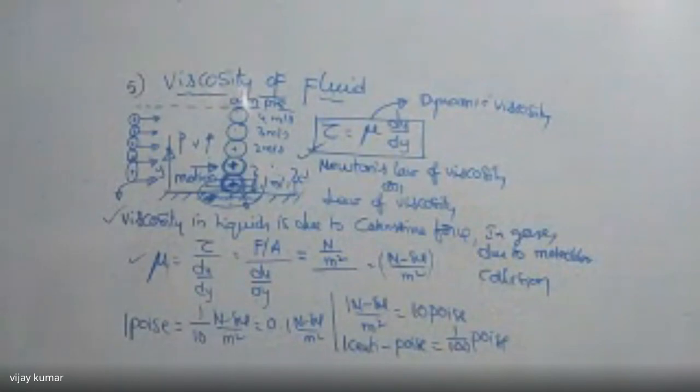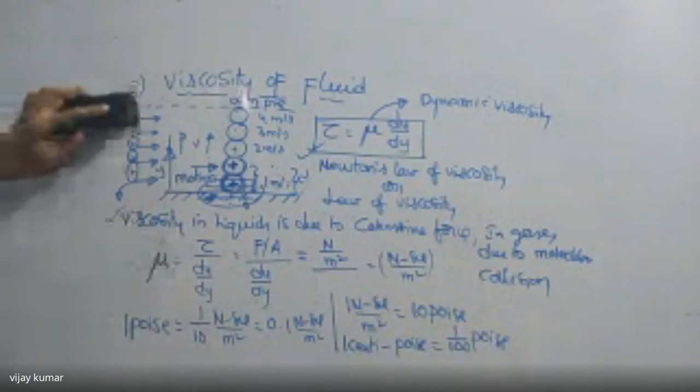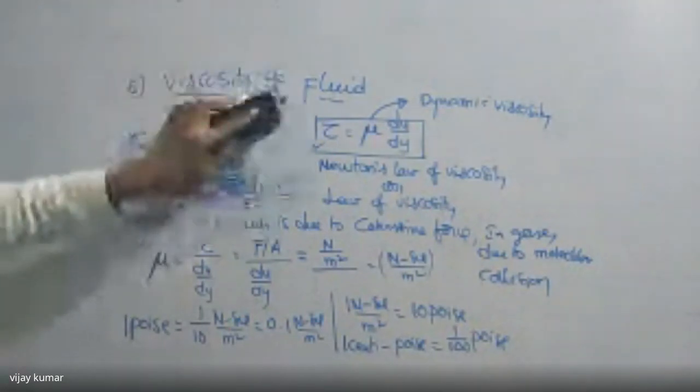According to Newton's law of viscosity, how many types of fluids do we have, and what is the stress strain diagram of those types of fluids? Actually we have two types of fluids. I hope you understood the definition of viscosity.